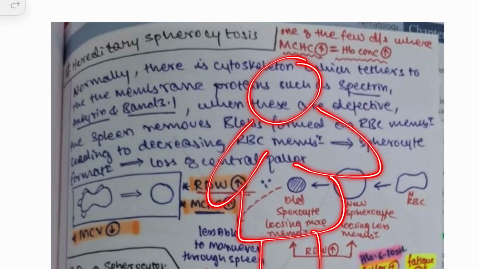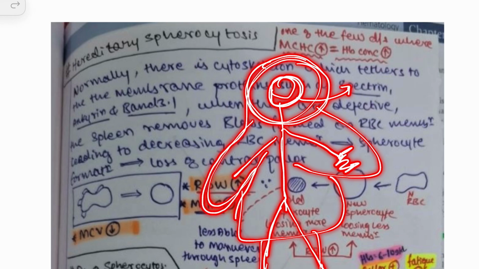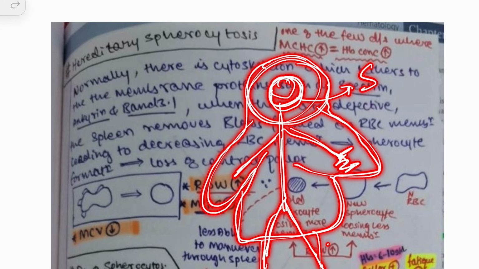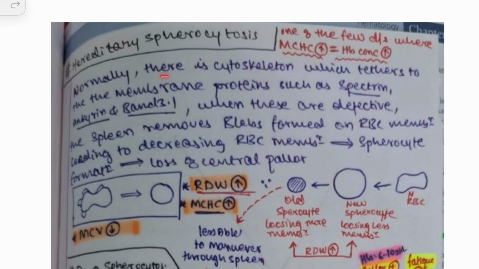This human has a skeleton: a skull, vertebrae, lower limb bones, upper limb bones. On that structure the human is standing. Suppose this whole thing is the RBC; there is a cytoskeleton for it, consisting of the sub proteins spectrin, ankyrin and band 3.1.